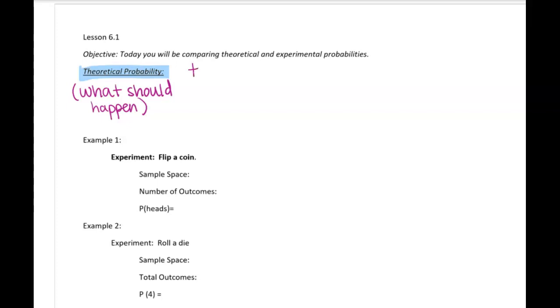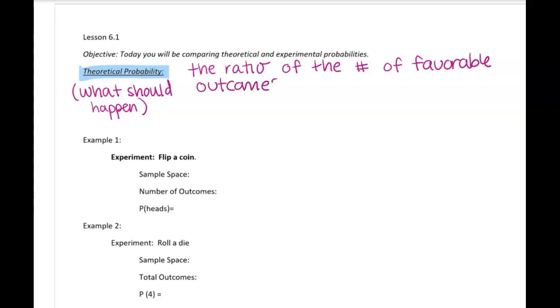This is defined as the ratio of the number of favorable outcomes, meaning where you get what you want, to the total number of outcomes.